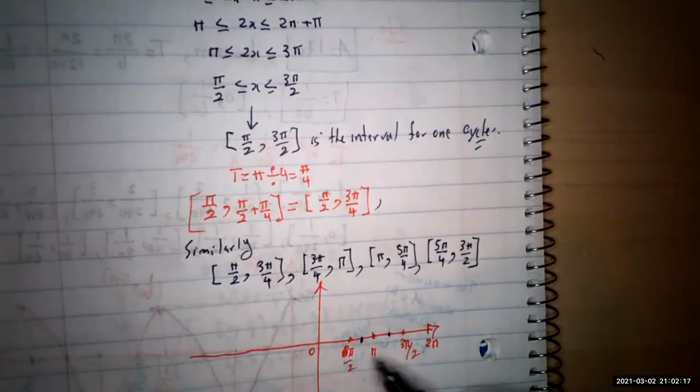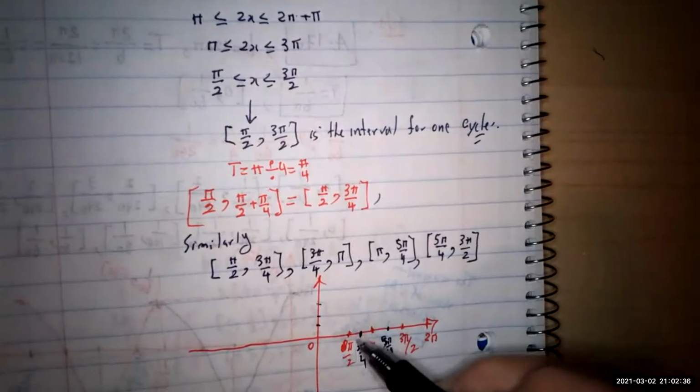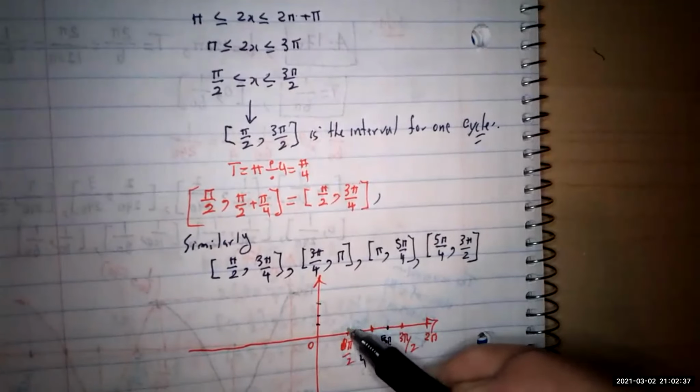The range was 3, so 3 on the top and 3 down the bottom: the negative 3 and the positive 3.